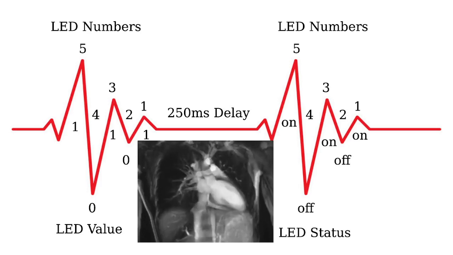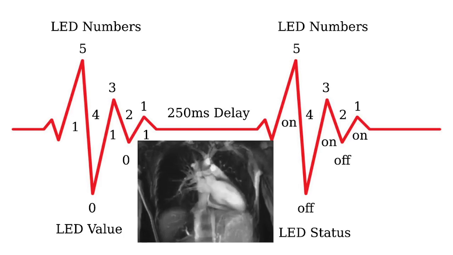Everything that spiked upwards would be an on, and everything that went down would be an off for the LED status. Then I wrote over here the LED value: 1 for on and 0 for off. And these are the LED numbers on my breadboard.